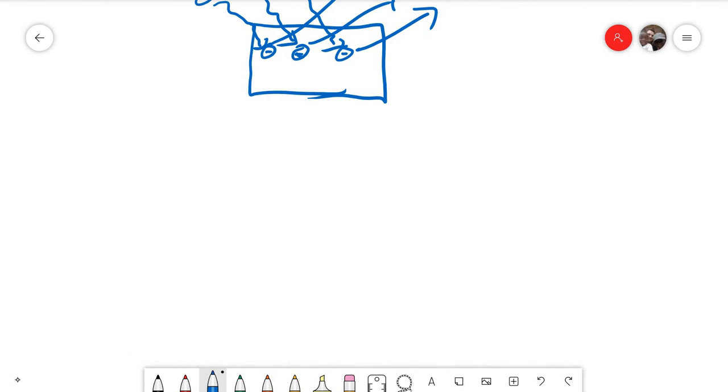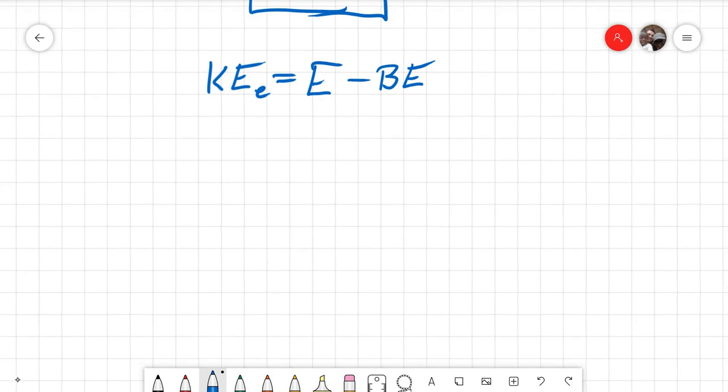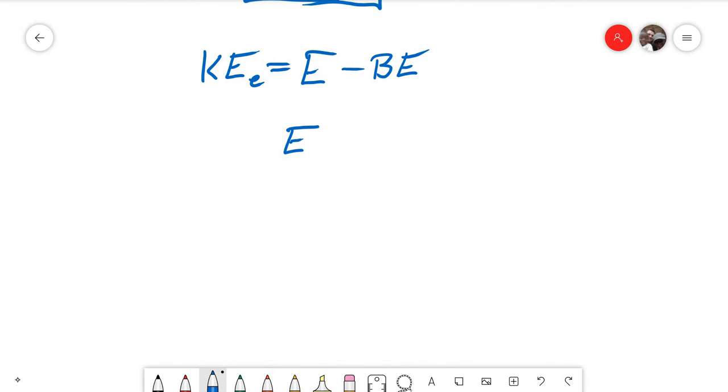Now obviously, as these electrons get kicked off, they have a velocity, they have a kinetic energy. And we can calculate the kinetic energy of a given electron as we kick it off using this equation. The kinetic energy of our electron is equal to the energy of our photon minus the binding energy of that electron to its given material. We already talked earlier about how we can find the energy of our photon. We said the energy of our photon is equal to Planck's constant times the frequency of that photon.